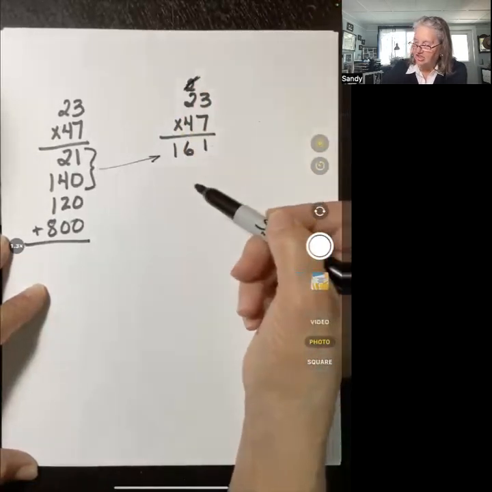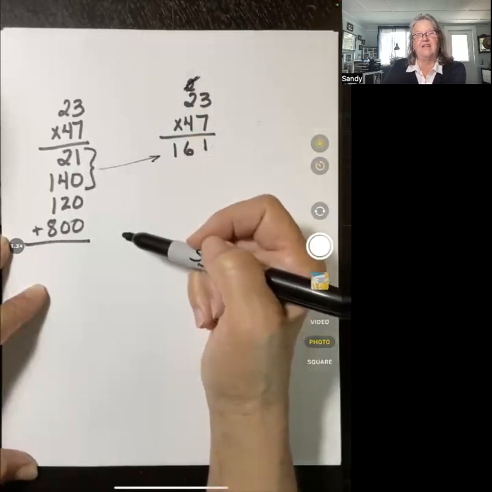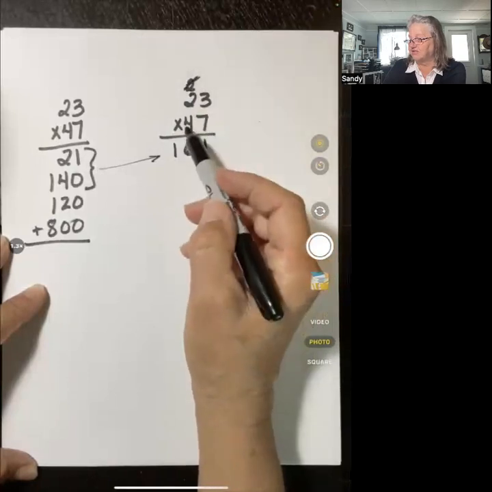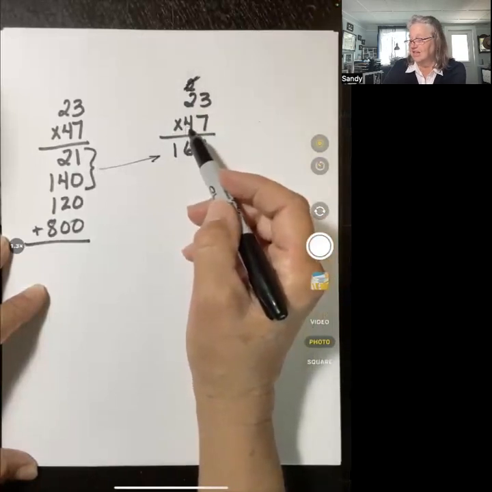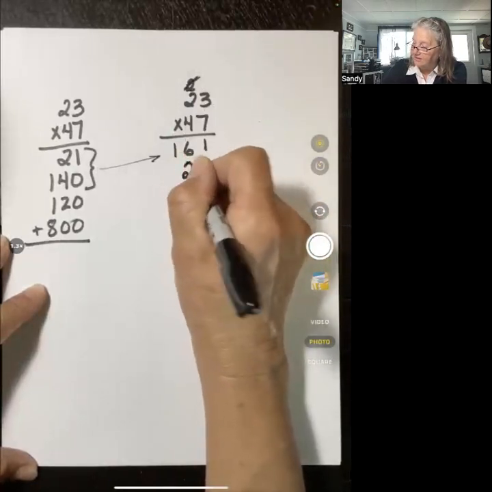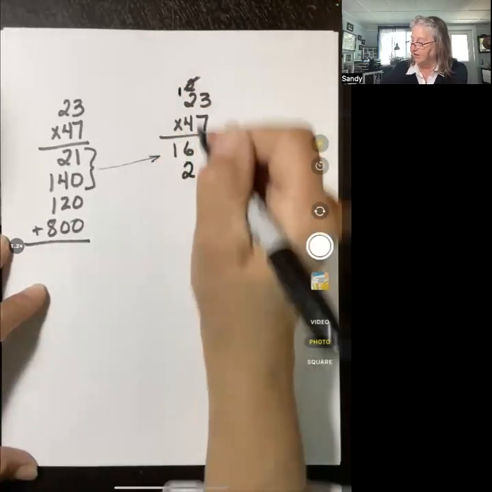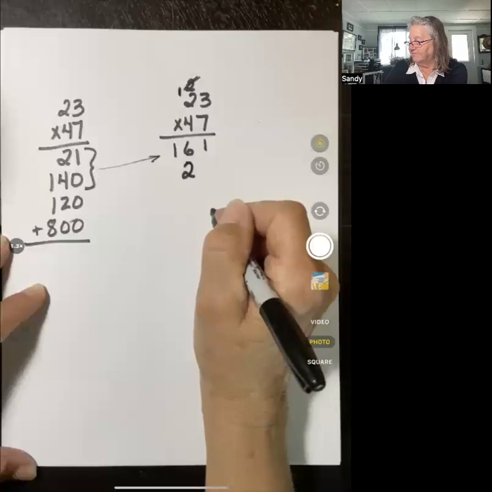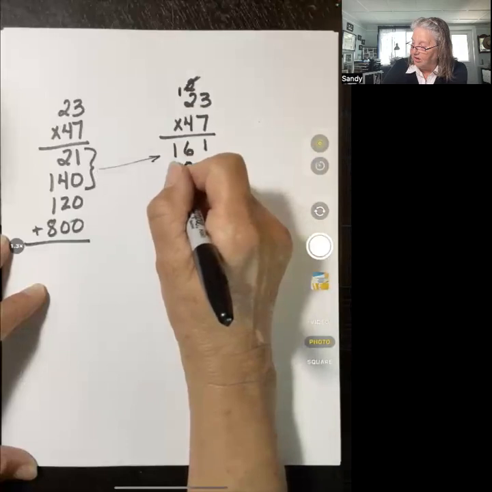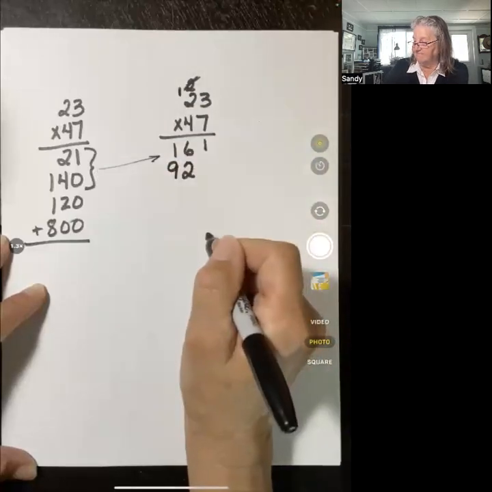And I was taught to shift over 1. Now, I didn't necessarily understand why, but remember, these are going to be multiples of 10 because this is 40. But we would have gone 4 times 3 is 12. I would have written a 1 up here, right? 4 times 2 is 8, and 1 more is 9.